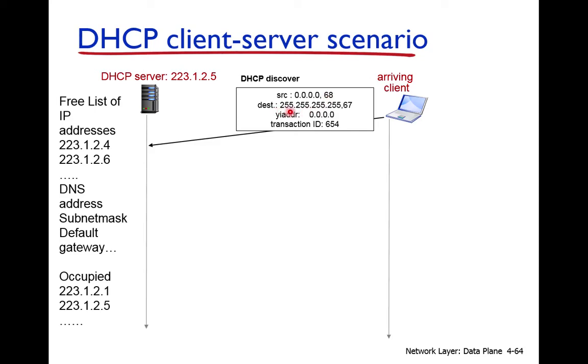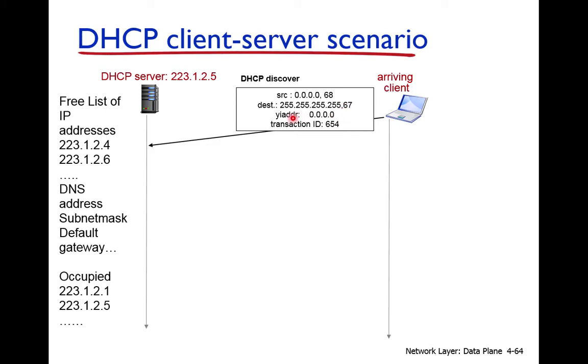And the destination IP address will be the network broadcast address 255.255.255.255. Why? Because the client doesn't know who or where the DHCP server is, because it just wants to join the network, so it doesn't know about the network. So it will set the destination IP address to 255, which is for each and every machine. Okay, and this is the standard port for the DHCP server, 67.